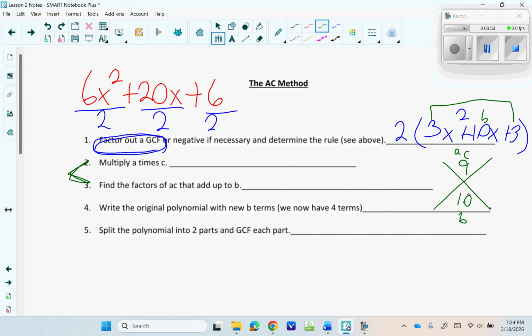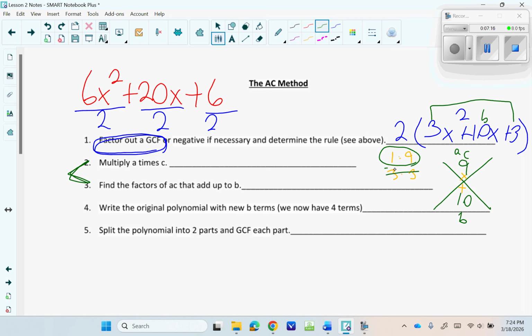And then what we're going to do is just kind of like a puzzle. We are going to find two factors of 9, so two things that multiply to 9, but they add to 10. So let's think about this. Factors of 9 are 1 and 9 and 3 and 3. So which one of these is going to multiply to 9, both of those, but add to 10?